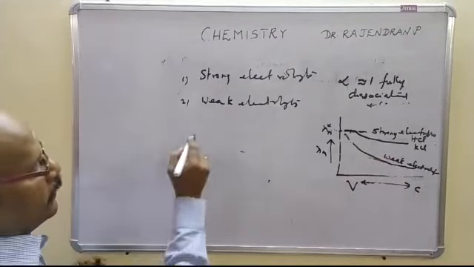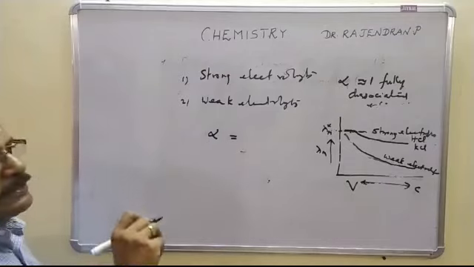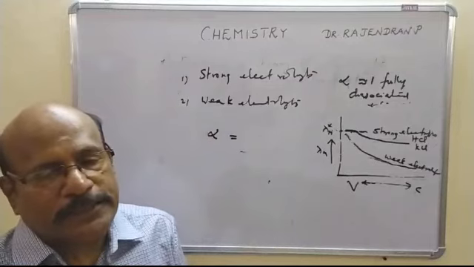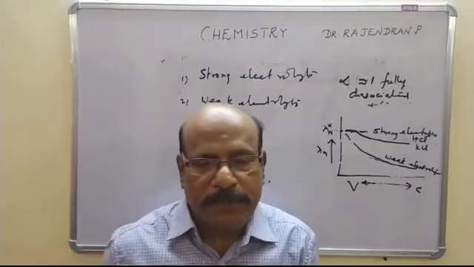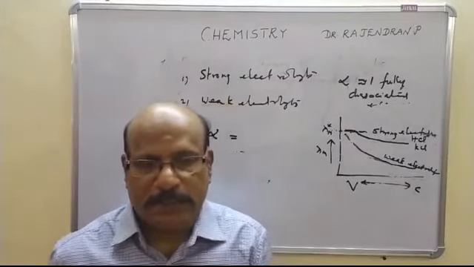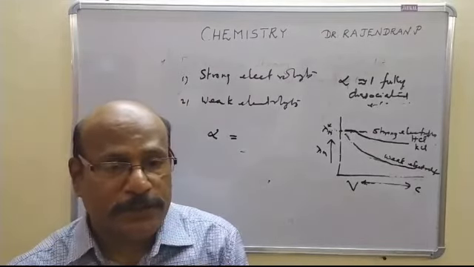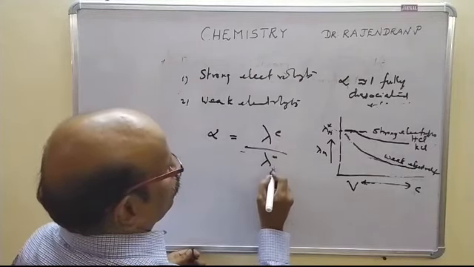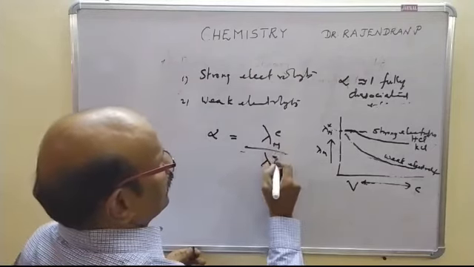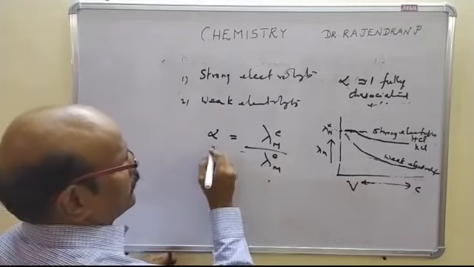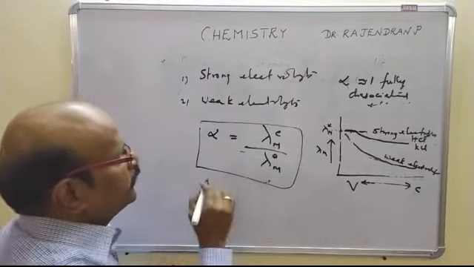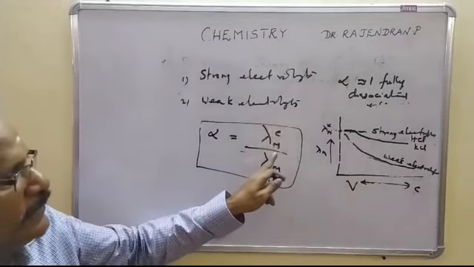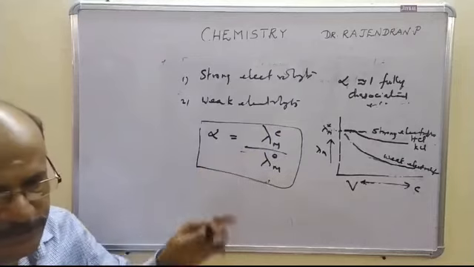Again I want to mention that only in the case of a weak electrolyte, the ratio lambda c m by lambda 0 m is alpha, the degree of dissociation. Only in the case of a weak electrolyte is this ratio equal to the degree of dissociation.